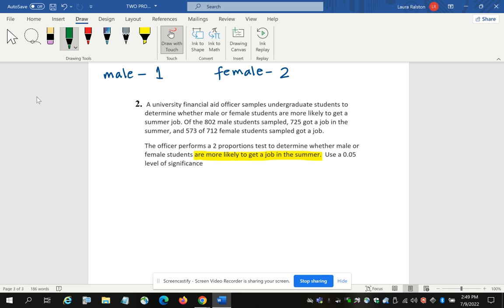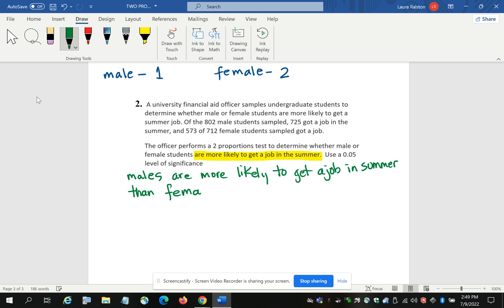He's saying that males, again, because we're going to say group 1, males, are more likely to get a job in summer than females. Guys, you have to read between the lines because it's logical and it's common sense if you take your time and pay attention.